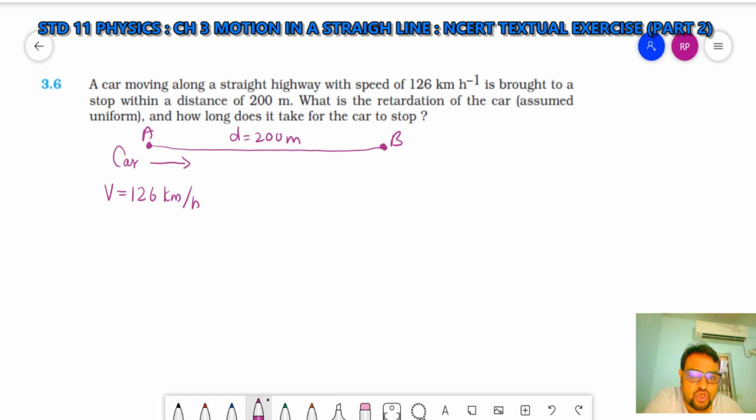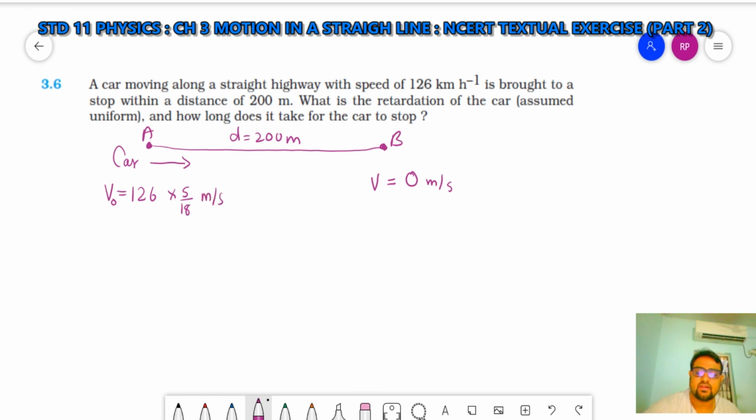Here the car stops, so the final velocity, if I take this as v0 126, as it stops, will be equal to 0 kilometer per hour or meter per second, I can directly write down. Now see, the distance is given in meter, so I need to convert the speed into meter per second. The shortcut to convert kilometer per hour into meter per second is to multiply by 5 by 18.